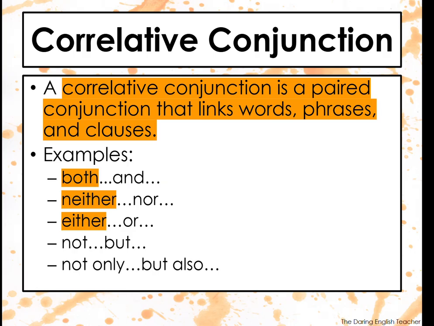Note when they are paired with a second conjunction, these are being turned into a correlative conjunction. So if you see two conjunctions in the same sentence, you want correlative, not subordinating, not coordinating, but correlative.